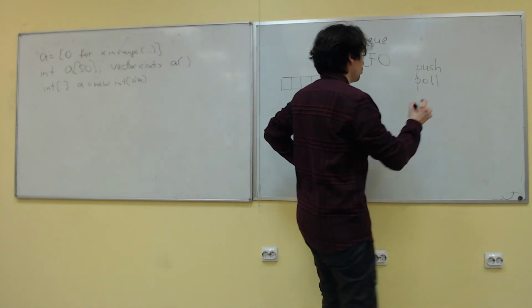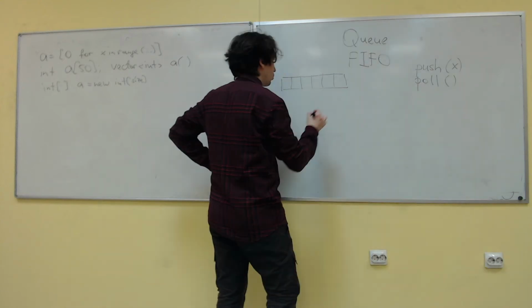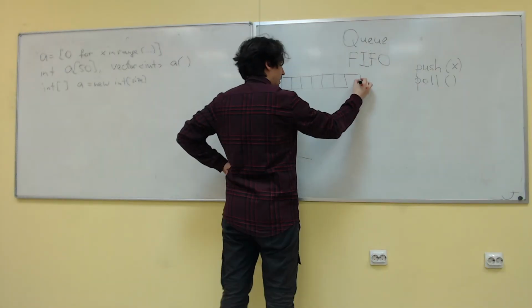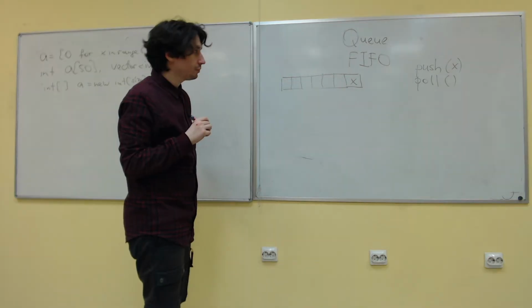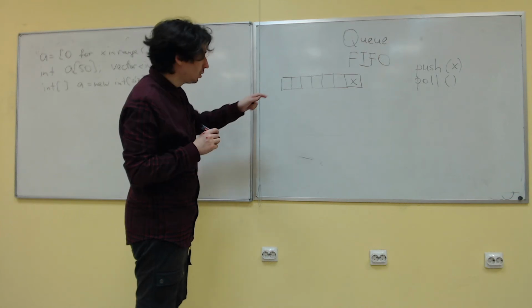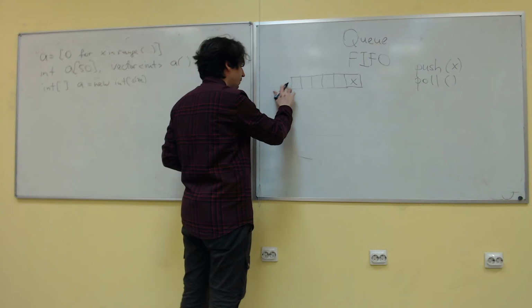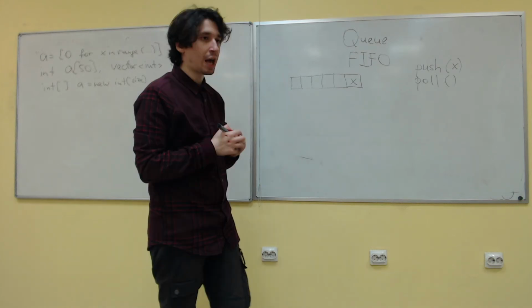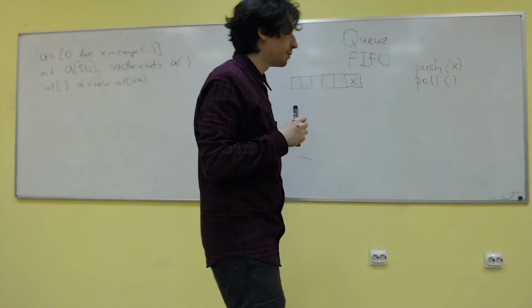So we have push X and poll. What push X is doing? Push X adds an element to the end of the queue, and poll takes the first element from the queue and returns its value. That's it. That's the whole data structure. So nothing really interesting here.